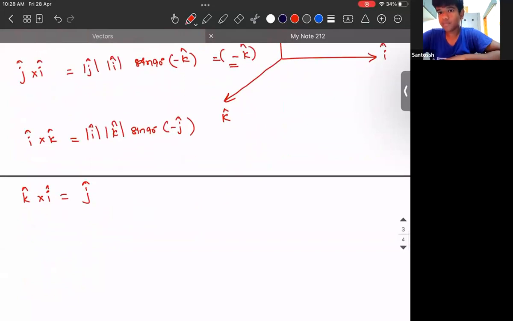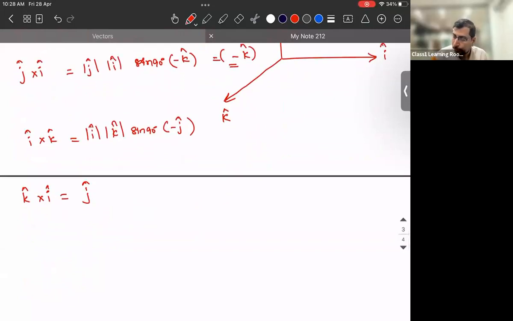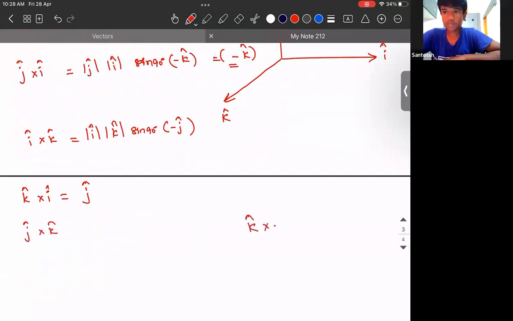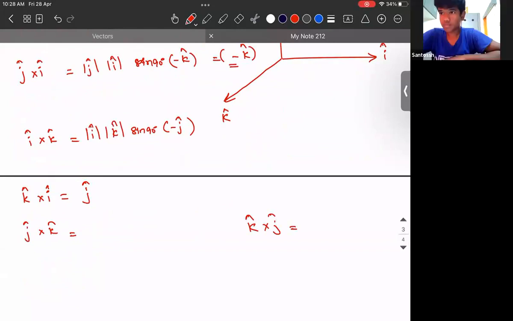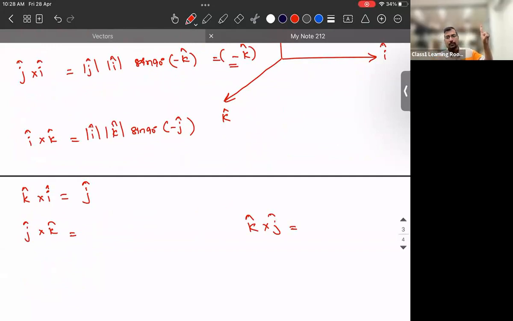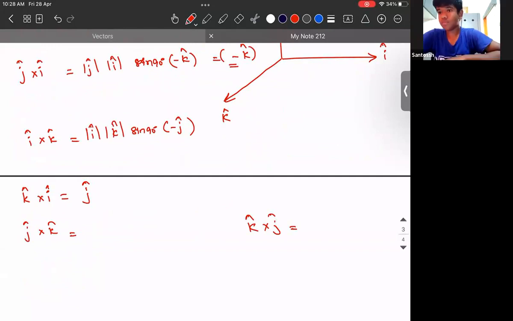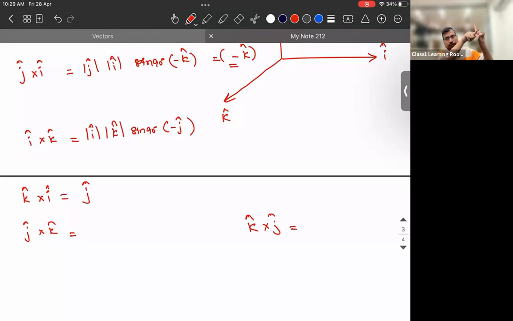Positive. So what are the next two combinations that are left out? J cross K and K cross J. So what is J cross K? J is like this, K is towards you. You have to see from this side. J is upward, K is towards you.